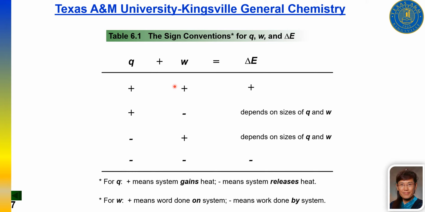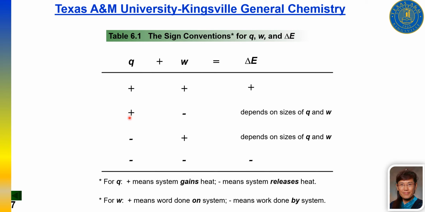Therefore, you have a couple of different possibilities. If both Q and W are positive, meaning the system gains heat and work has been done on your system, in this case your internal energy will be positive, will be increased. On the other hand, if your system releases heat and work has been done by your system, the internal energy will be negative, will be smaller at the final state.